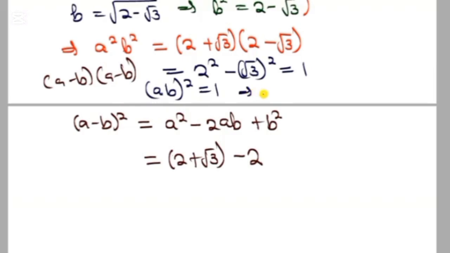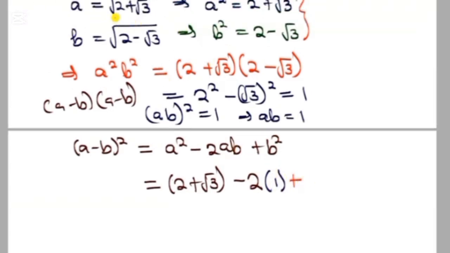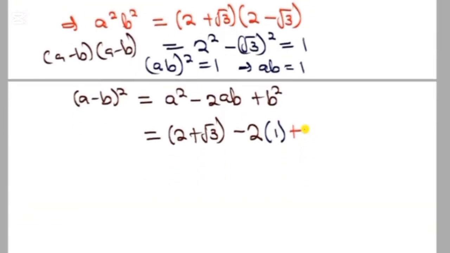If we take the square to the other side, it becomes a square root, which will give us the square root of 1, and so that is equal to 1. So our ab is actually equal to 1. And then finally, we have our b squared, which is the square of this, and of course, if you square, you will only get 2 minus the root of 3.